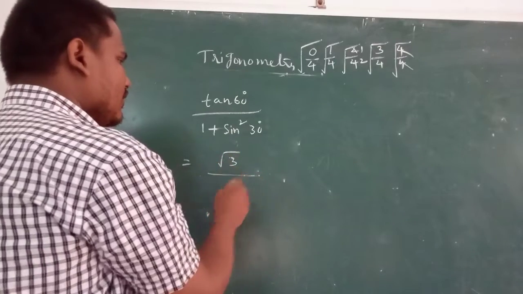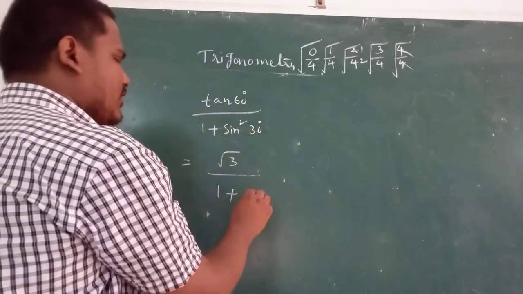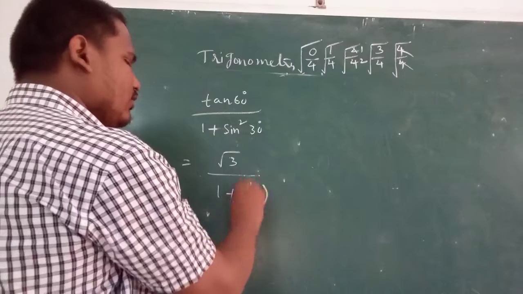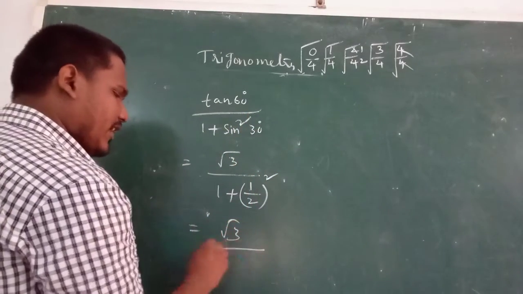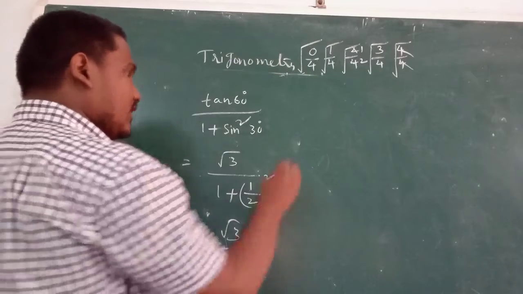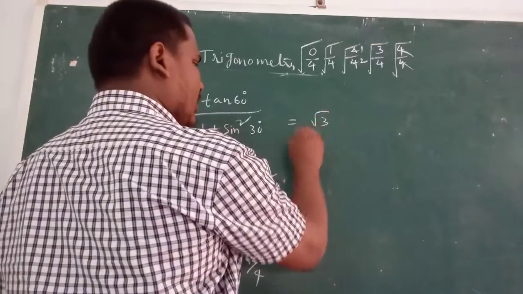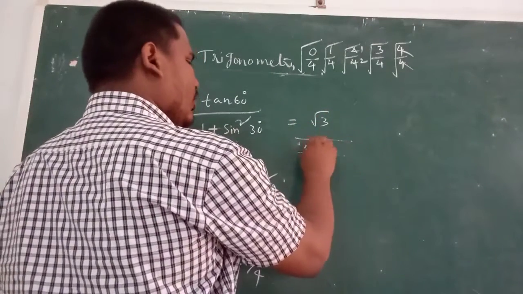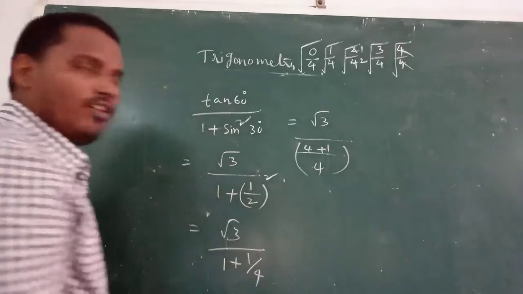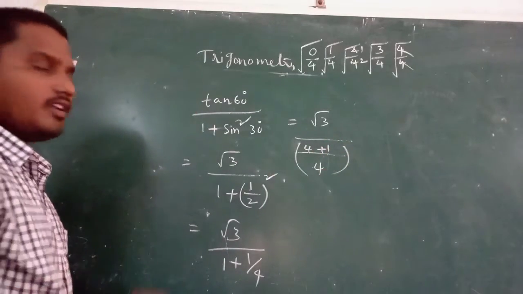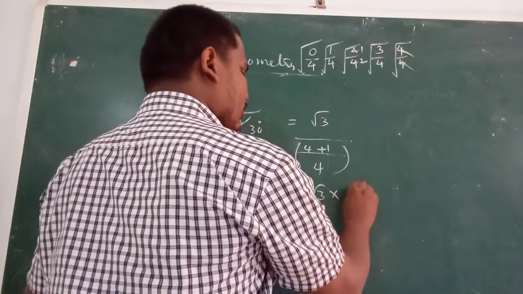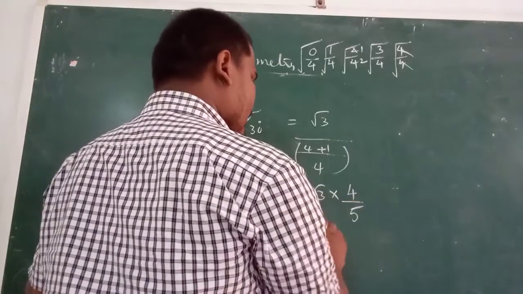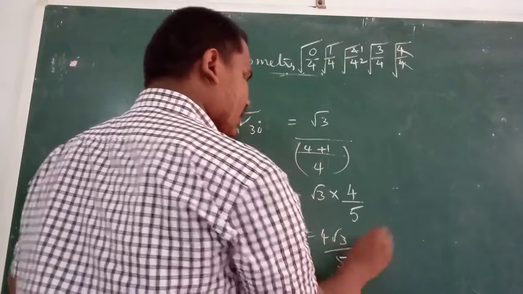Root 3. 1 plus, what is the value of sine square 30? 1 by 2. Here square is there, so whole square. Root 3 by 1 plus 1 by 4. That is equal to root 3 by, 4 is the LCM, 4 plus 1, here 5 by 4. When it goes to the denominator, it will be reversed. 4 by 5. That is equal to 4 root 3 by 5.